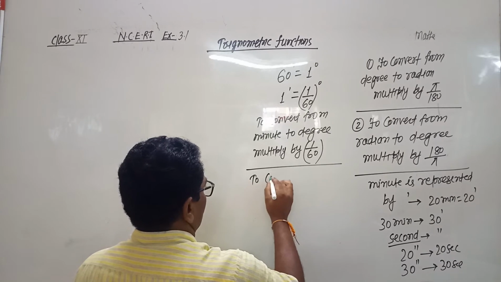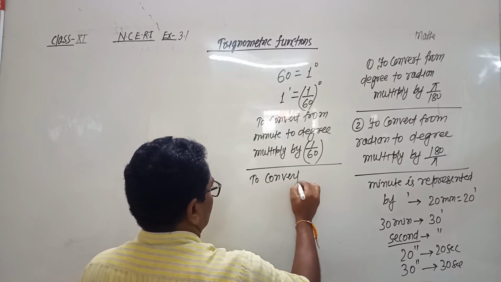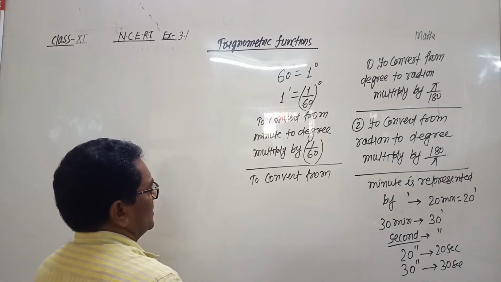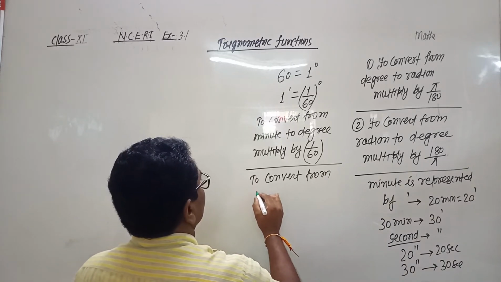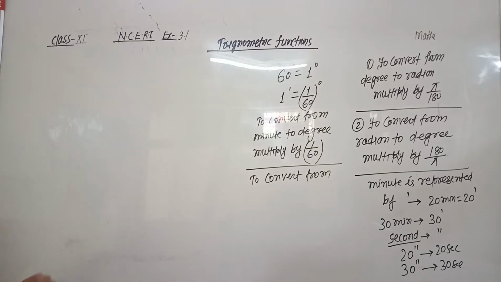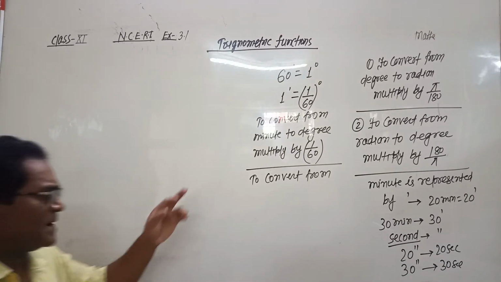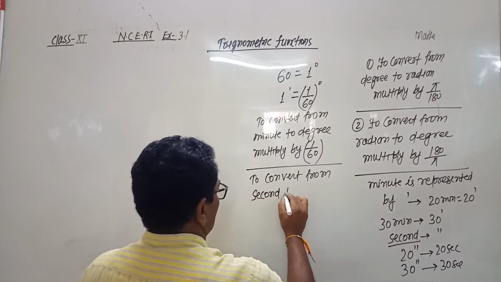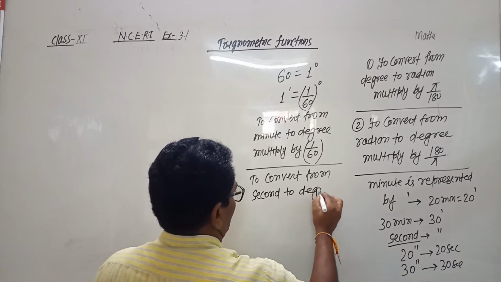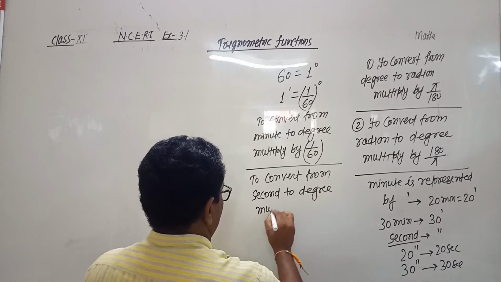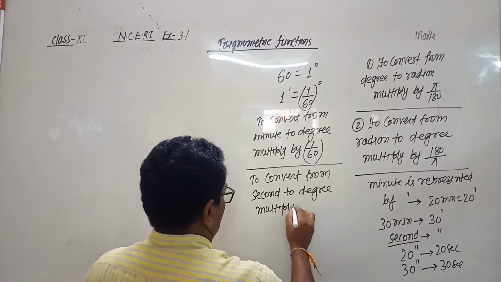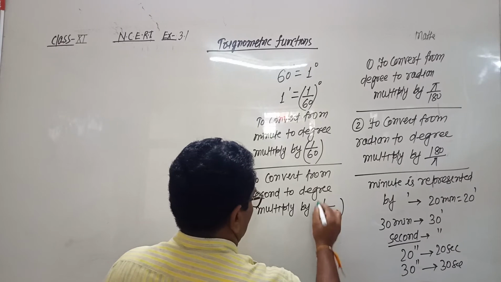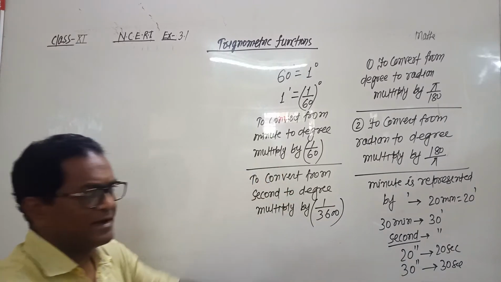And to convert from second to degree, multiply by 1 upon 3600, because in 1 minute there are 60 seconds.